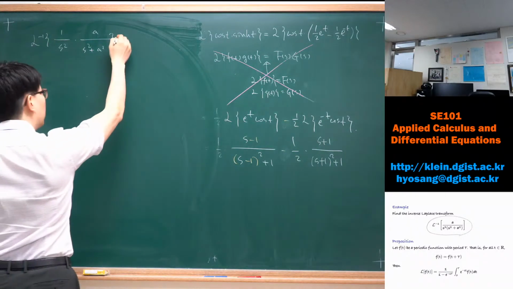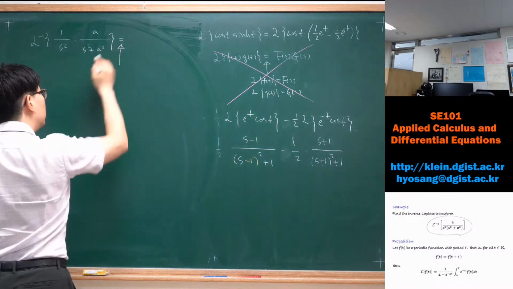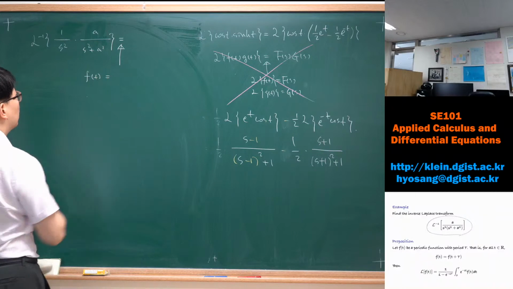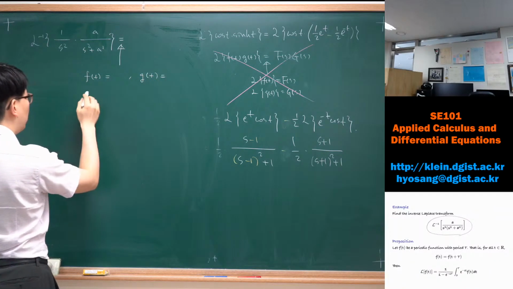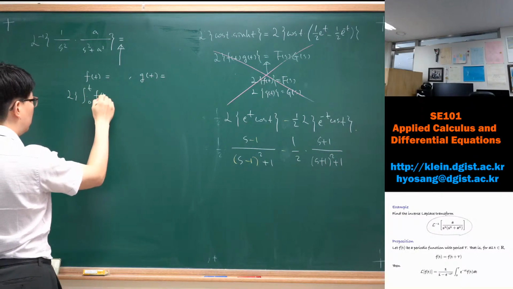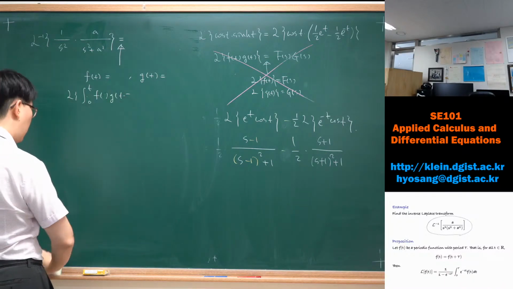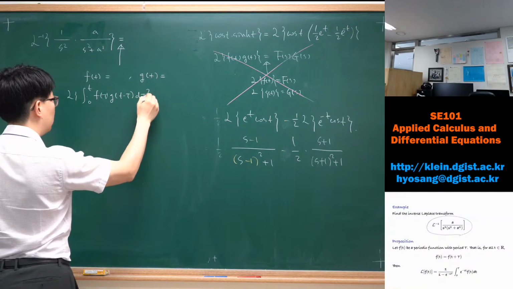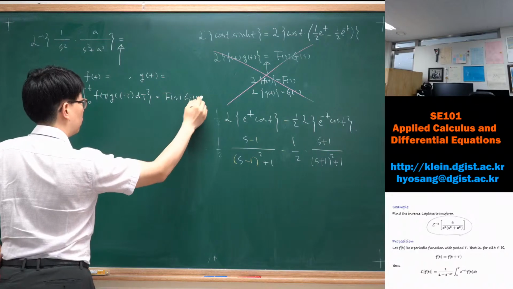Now you can use the convolution: the Laplace transform of the integral of f of tau times g of t minus tau d tau becomes F of s times G of s.